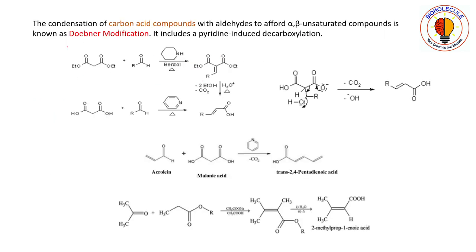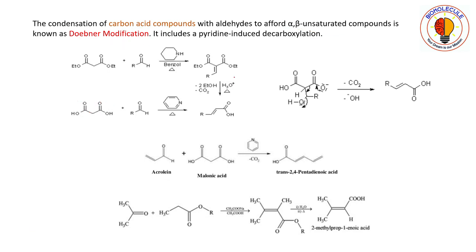But instead of ester groups, now we will be using these acid groups. The condensation of carbon acid compounds with aldehydes to afford alpha beta unsaturated compound is known as Dobner modification. That is, Dobner modified the Knoevenagel condensation by using these carbon acid compounds instead of ester active methylene compounds.